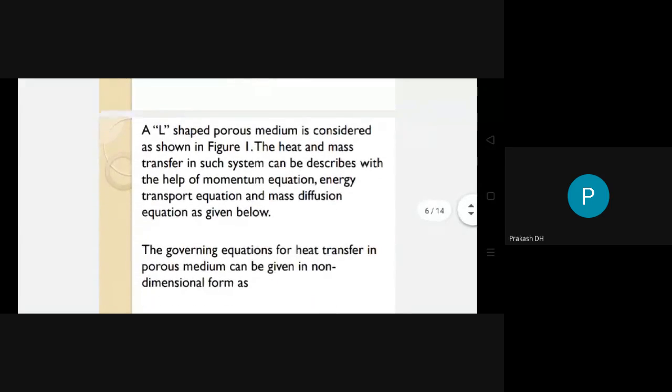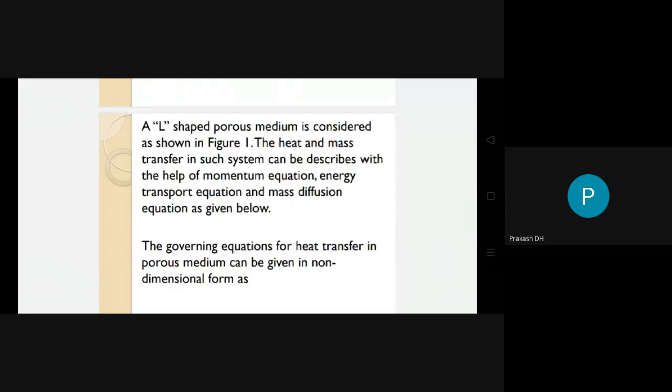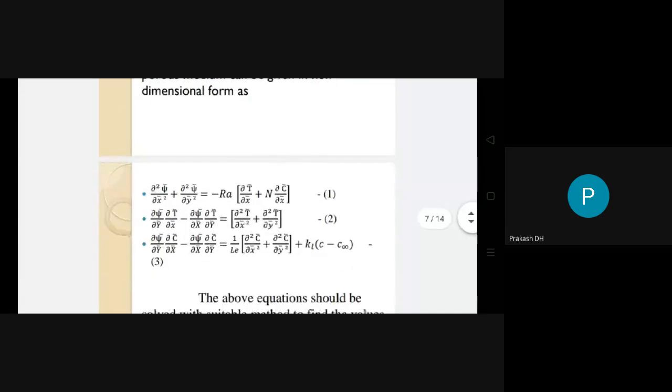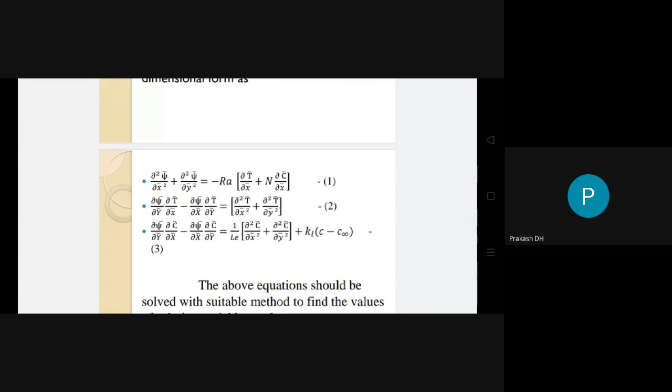The L-shaped porous medium is considered as shown in the figure. The heat and mass transfer in such a system can be described with the help of the momentum equation, energy transport equation, and mass diffusion equation as given below. These are the equations.